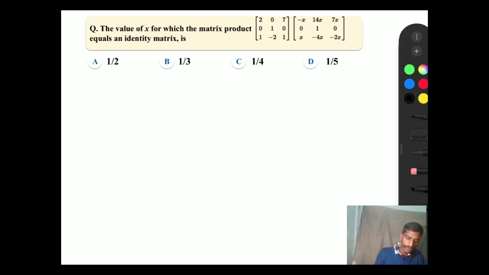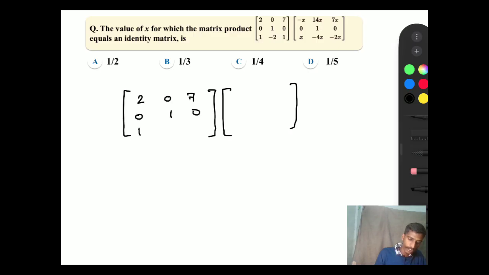Here we have to perform a matrix multiplication. We have the matrix 2 0 7, 0 1 0, 1 minus 2 1, multiplied by the matrix minus x, 14x, 7x, 0 1 0, x, minus 4x, minus 2x.